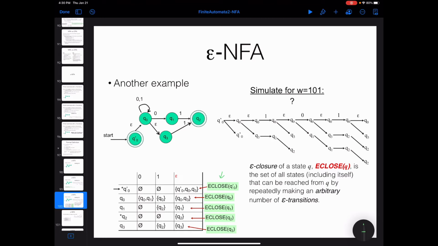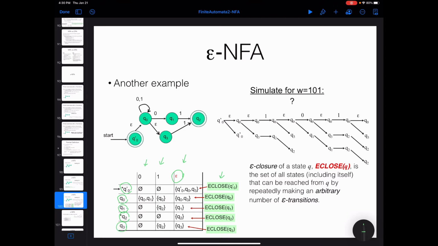You can draw your state table, the transition table, and in addition to all your input symbols, I'm going to actually add one more column and label it with epsilon, and this column is going to show me eClose or epsilon closure, which basically means that if I apply epsilon more than once, basically infinite times, where I can be if I start at state Q0 prime, at state Q0, at state Q1, Q2, or Q3.